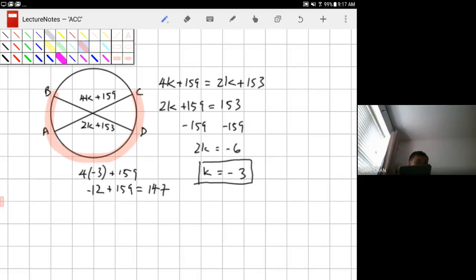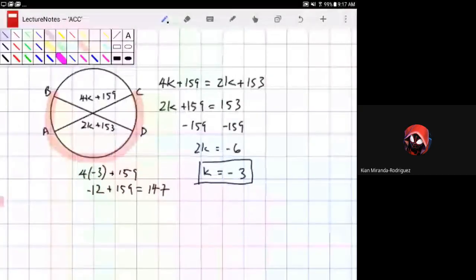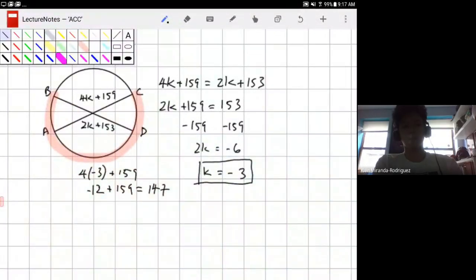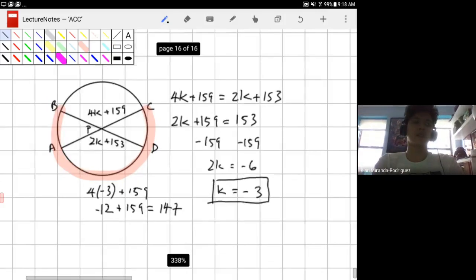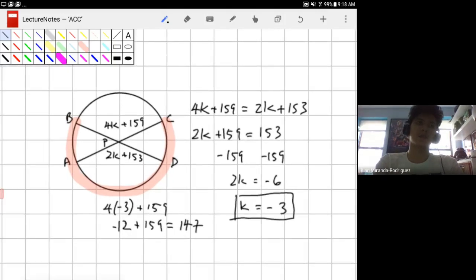Or we don't need to do that. If we combine p with 2K plus 153, that already equals 180. It's the diameter. So all we have to figure out is what CD is, which isn't a problem because we already found that 4K plus 159 is 147. If we subtract 147 from 180, we get arc CD.